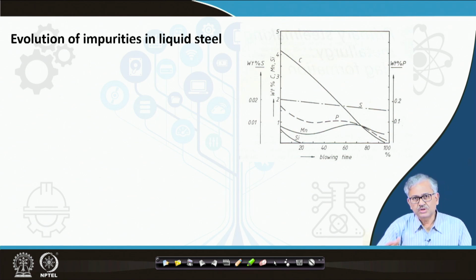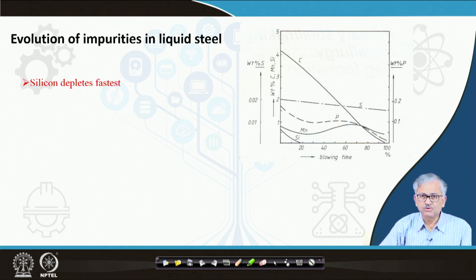As a result, kinetically also it depletes very fast. So silicon depletes fastest. You can see within 20% of blowing time, silicon goes down to almost 0.